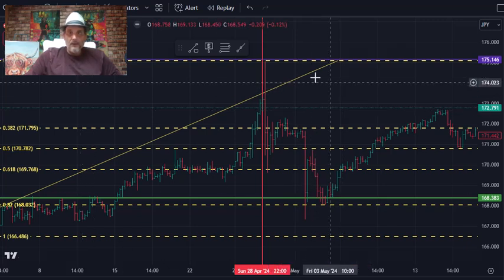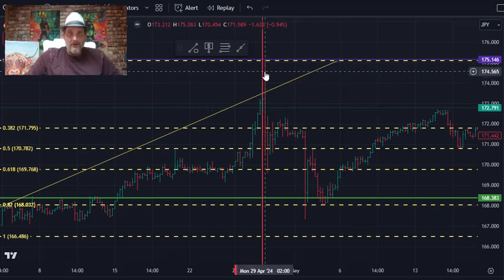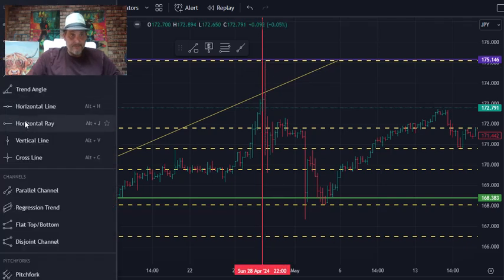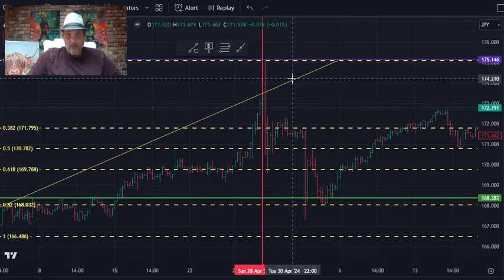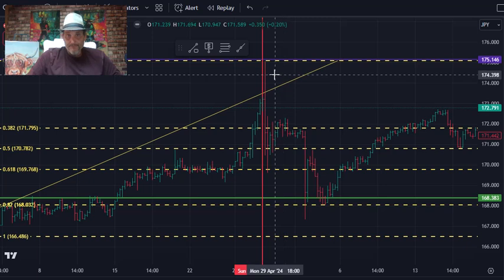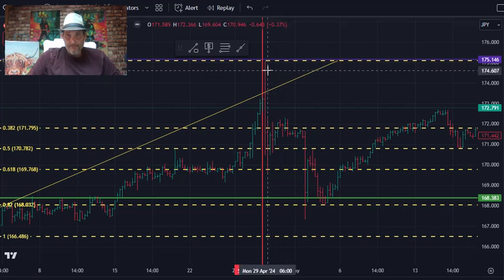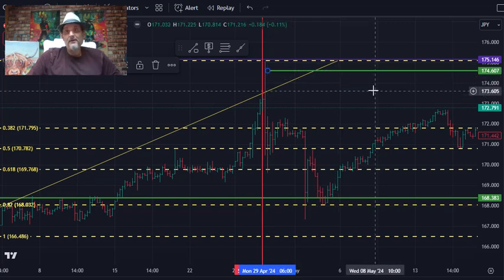So we got the 175.06 right there. Underneath it, we had the first warning at 174.64. So I'm just going to take a ray and go 174.60, close enough. Okay. This is a 4-hour chart.